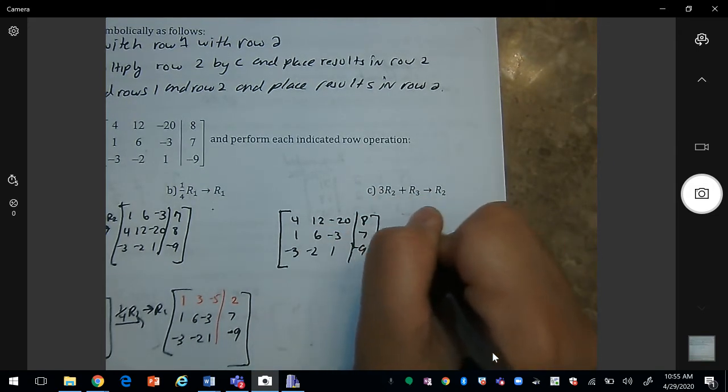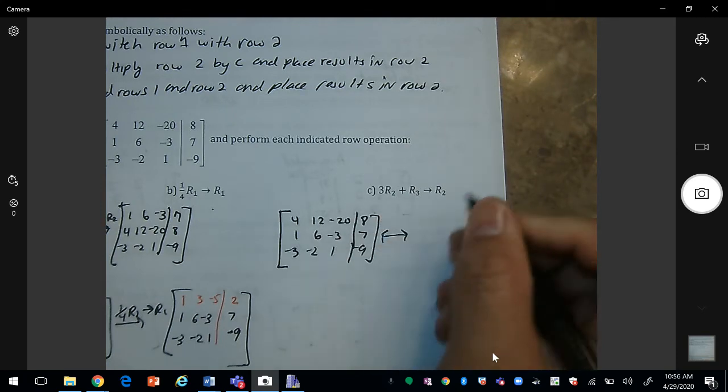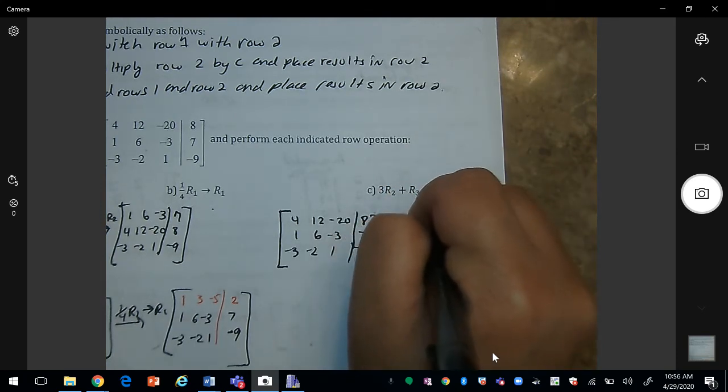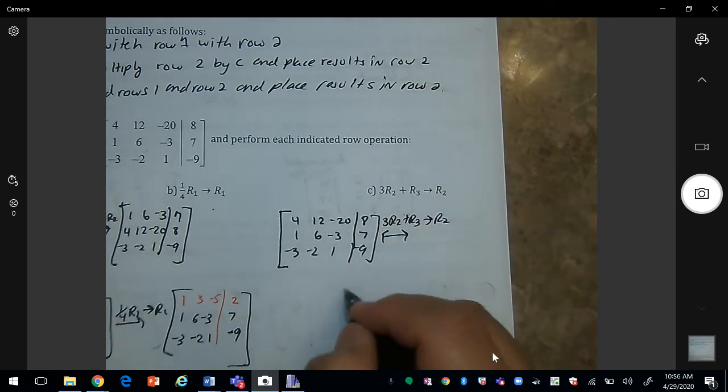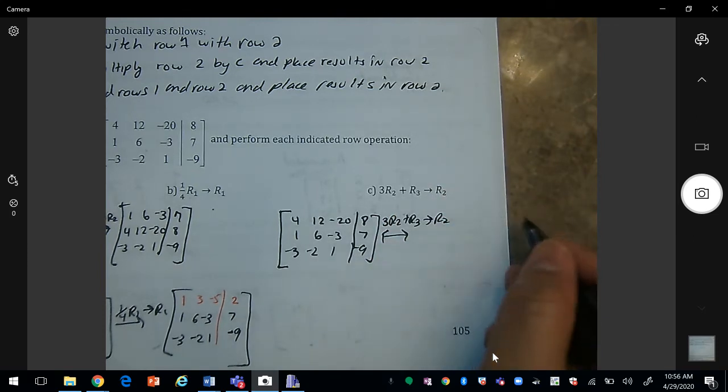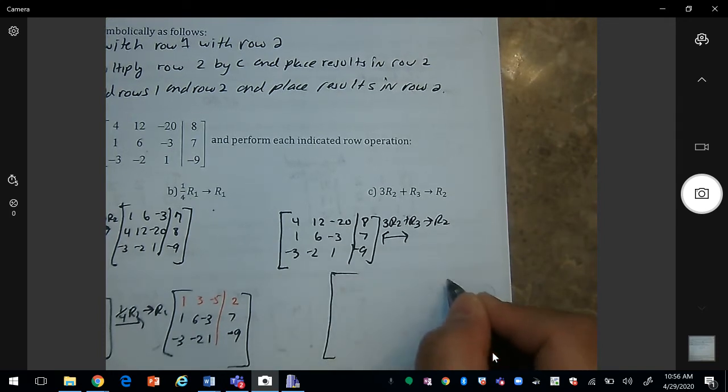And we want to multiply by row 2, add it to row 3, and then place back in row 2. So I ran out of space here, but I would normally put the matrix right here. So I'm just going to put it down here.